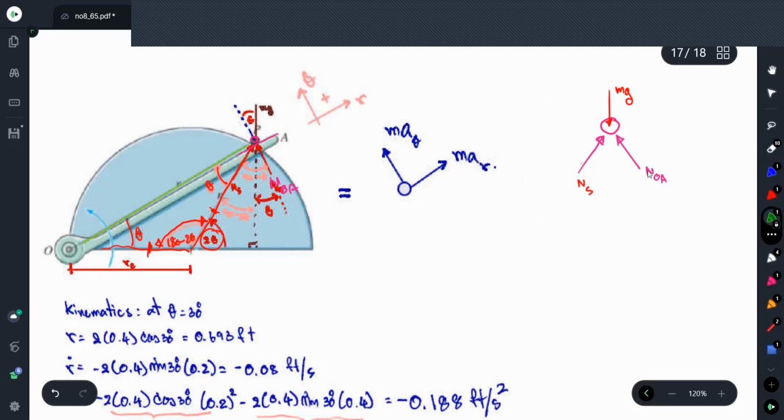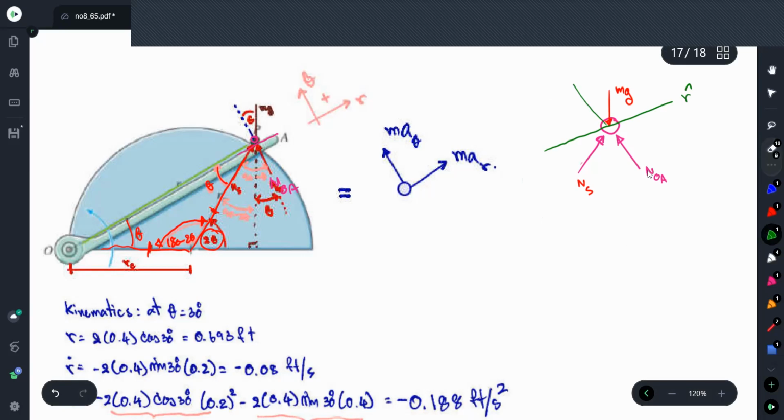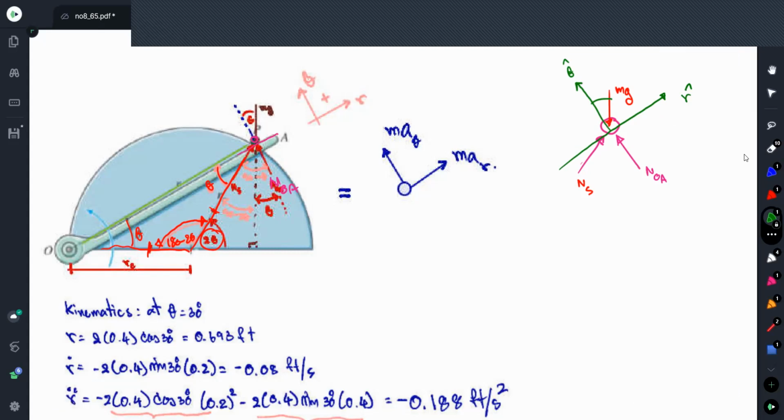So this is the r direction and this is the theta direction. Sorry, it should be perpendicular to normal. To decompose mg into theta and r, we would like to find this angle, right?